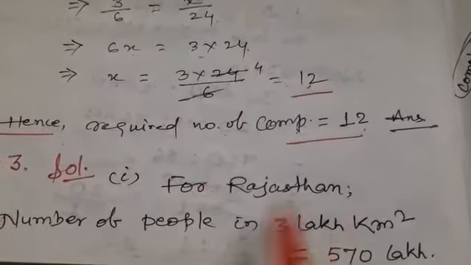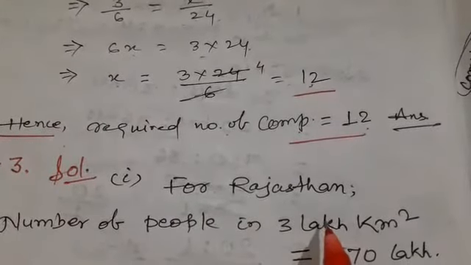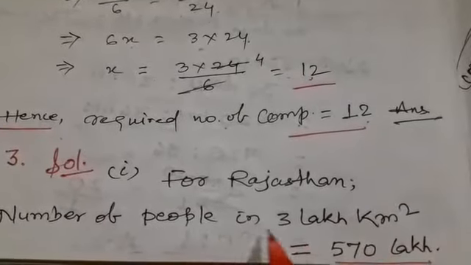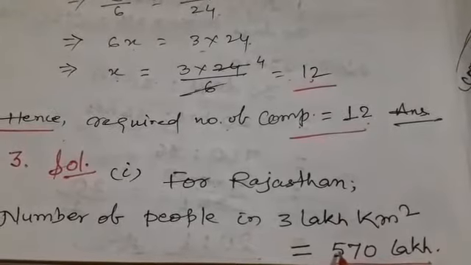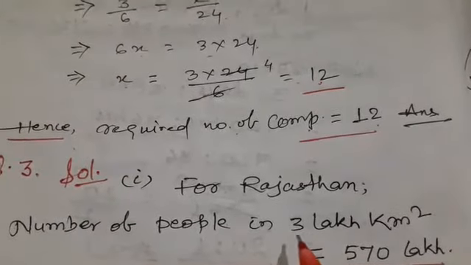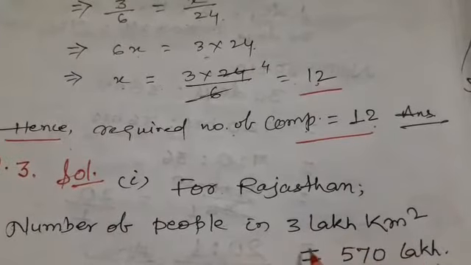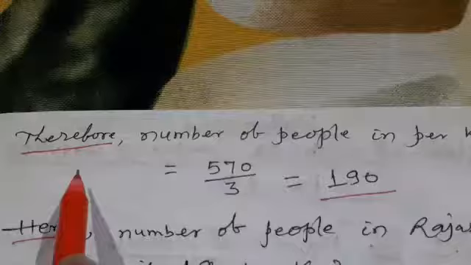For Rajasthan, the area is 3 lakh kilometer square and the population is 570 lakhs.